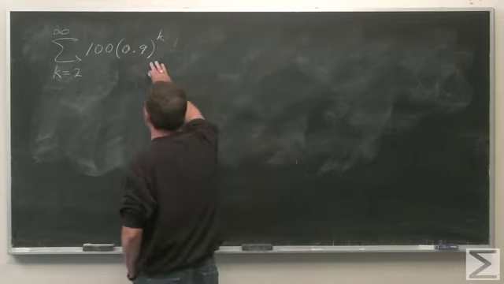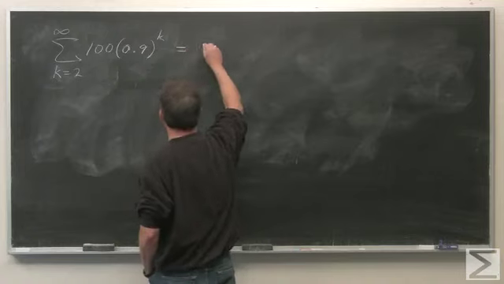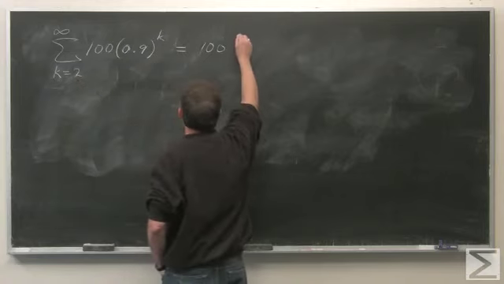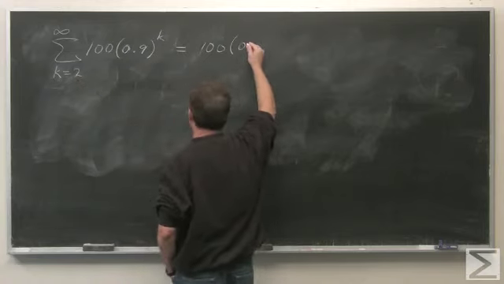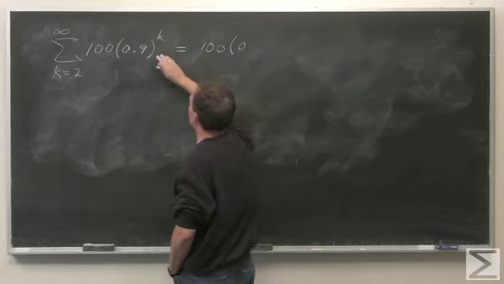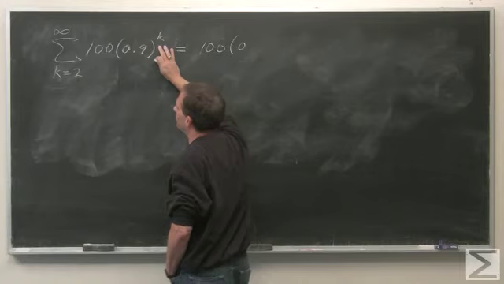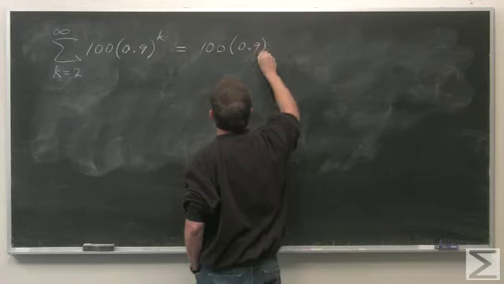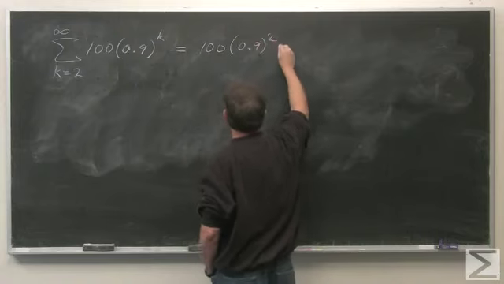So this series is still geometric. It's just that it doesn't start at 0, at least with this indexing. One of the things you can do is change the index. So when k is 2, this gives you 100 times 0.9 squared.